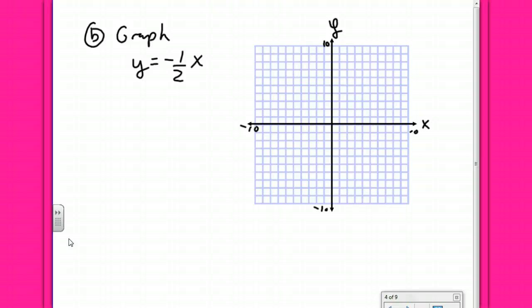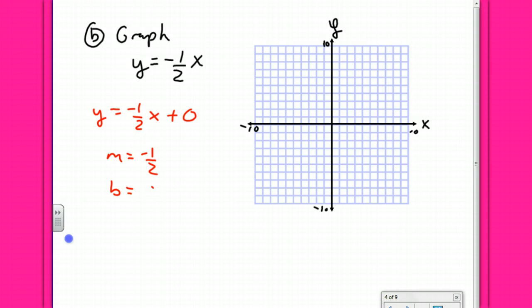Okay, once again, if we put this into slope-intercept form, we could add what you don't see in that equation, and that is 0, right? So slope is negative 1/2, and the y-intercept is at 0, as all direct variations are. So we plot the y-intercept, and now we use our slope. Remember, that's rise over run, right?